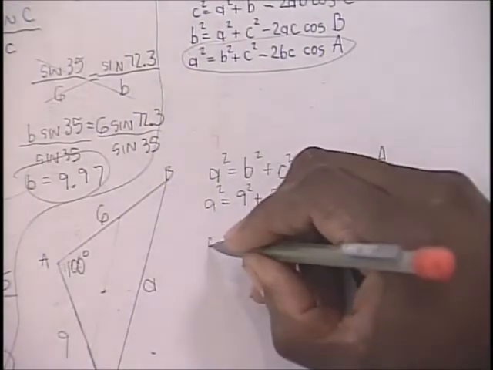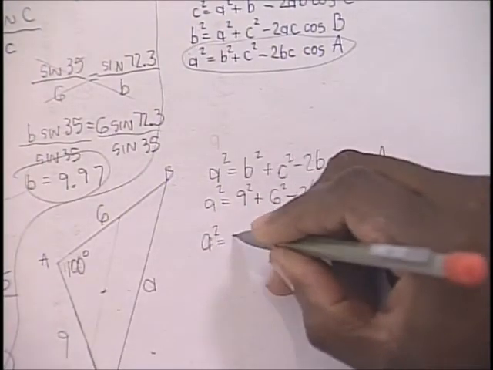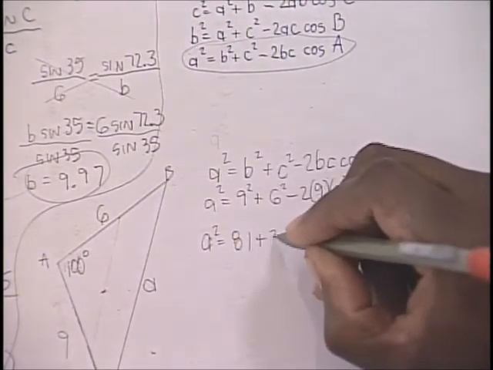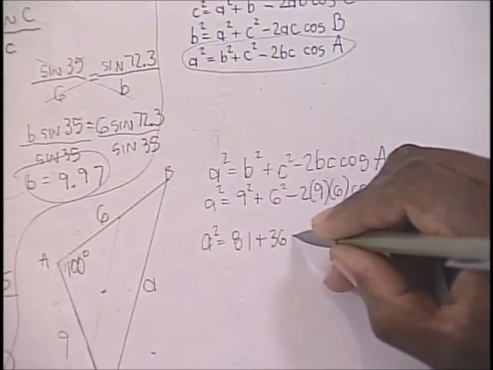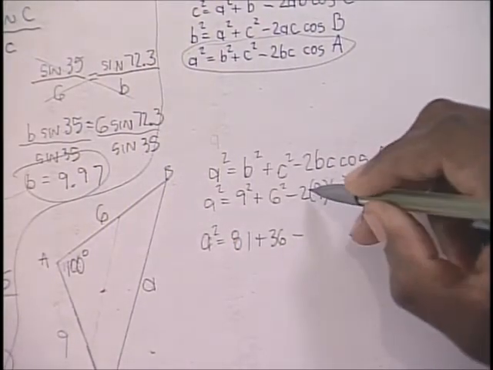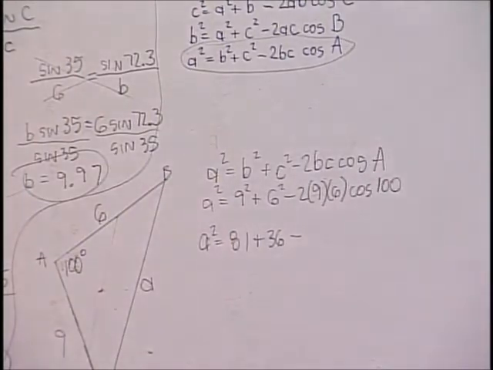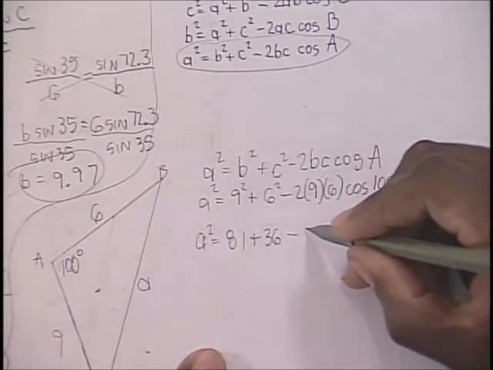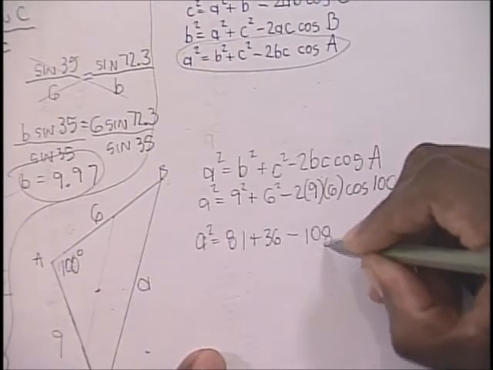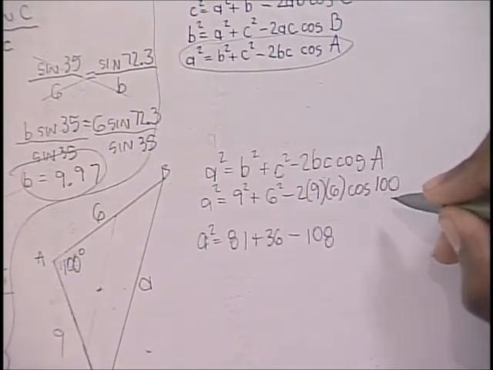So a squared is equal to 81 plus 36 minus 18 times 6, which is 108, times the cosine of 100.